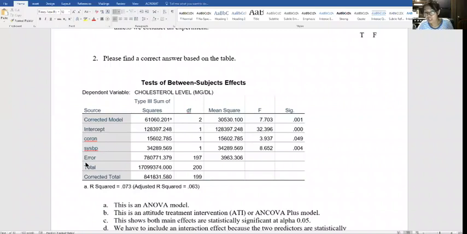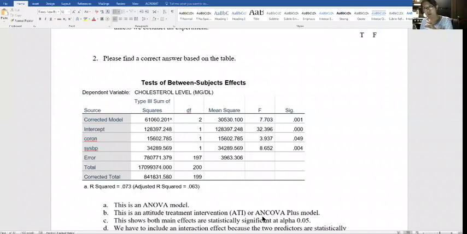If you see interaction between the two main effects, then we call it an ANCOVA plus or ATI model. What is the acronym of ATI? ATI is Attitude Treatment Interaction, or ANCOVA plus. In an ANCOVA model, one X variable is continuous and one X variable is categorical.